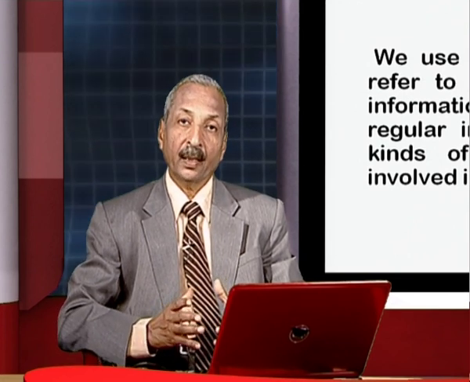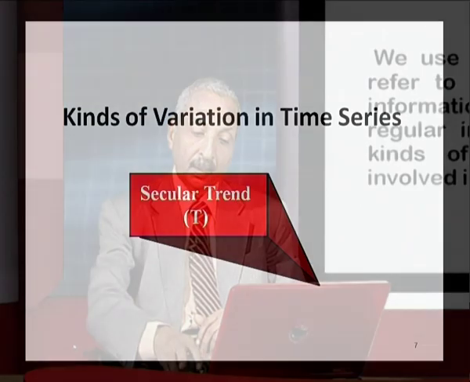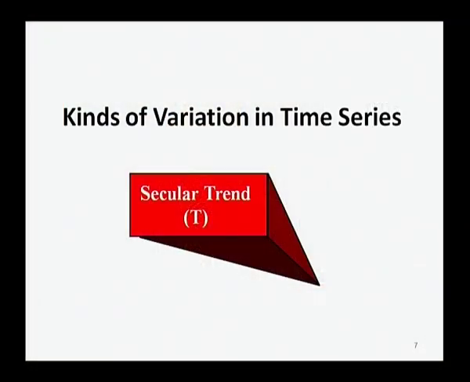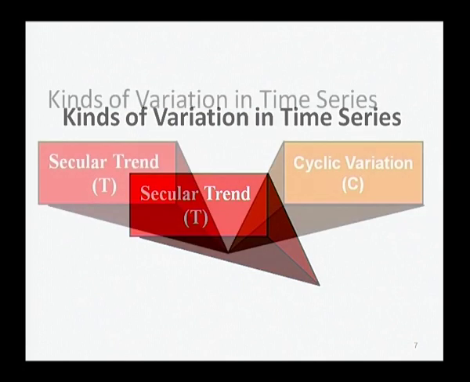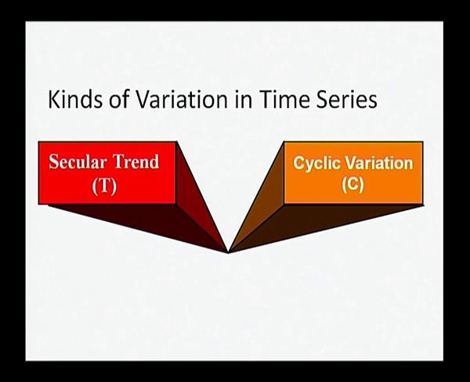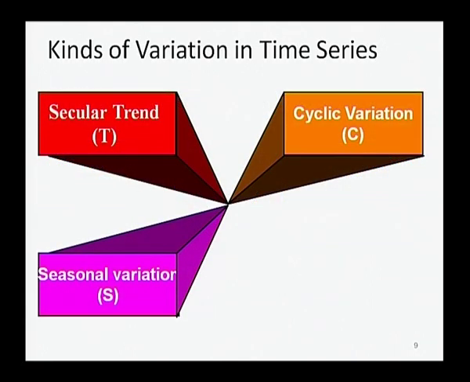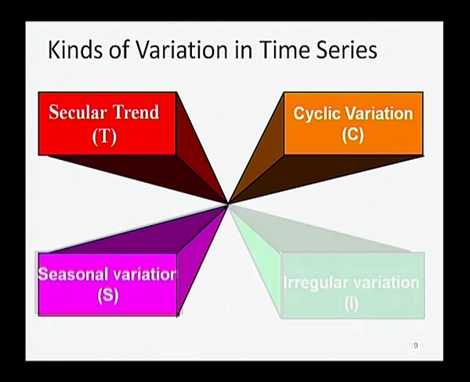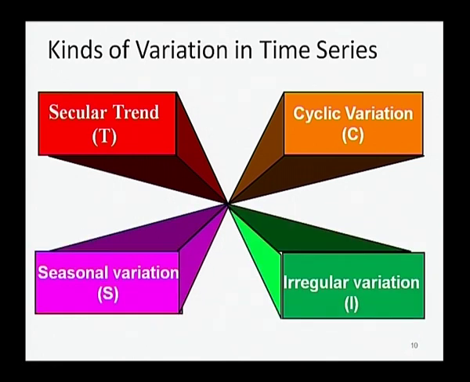These changes are the secular trend, which we denote by capital T. The other one is cyclic variation, which we denote by letter C. The third one is the seasonal variation, which we denote by capital S, and the irregular variation, which is denoted by I. So, these are the four kinds of variation which may be present in a time series.